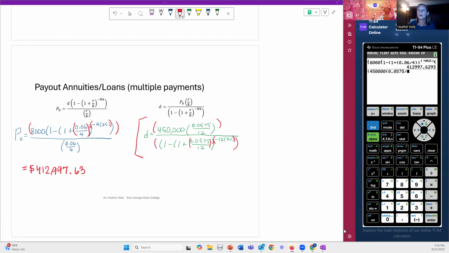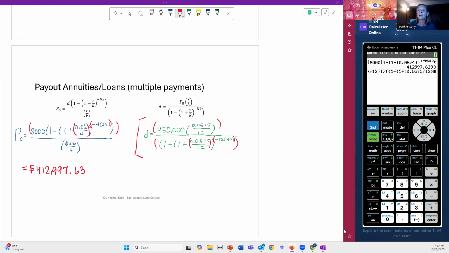0.0575 divided by 12, close, close, divided by open, open, 1 minus open, 1 plus open, 0.0575 divided by 12.